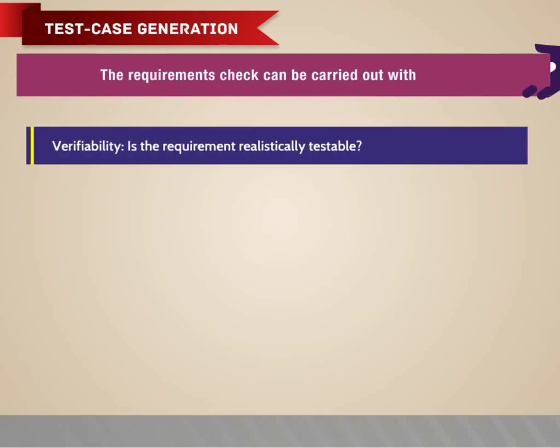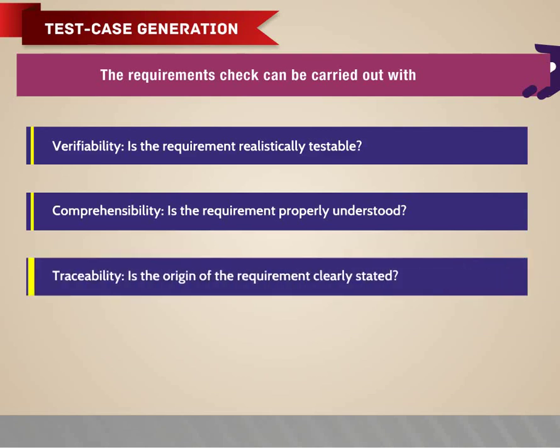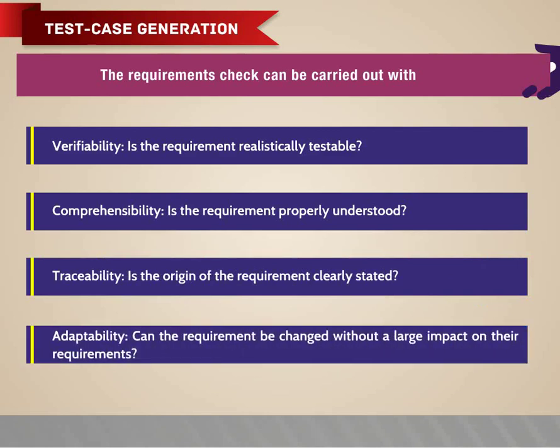Is the requirement realistically testable? Comprehensibility. Is the requirement properly understood? Traceability. Is the origin of the requirement clearly stated? Adaptability. Can the requirement be changed without a large impact on other requirements?